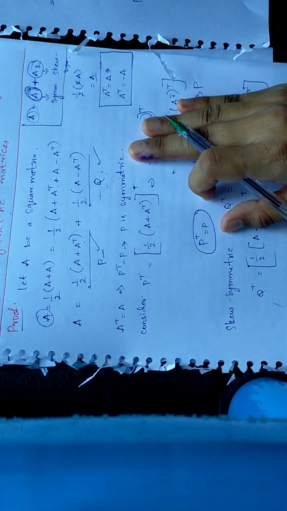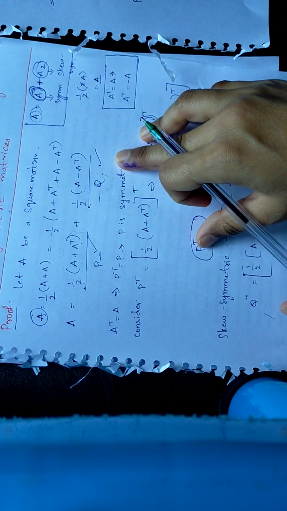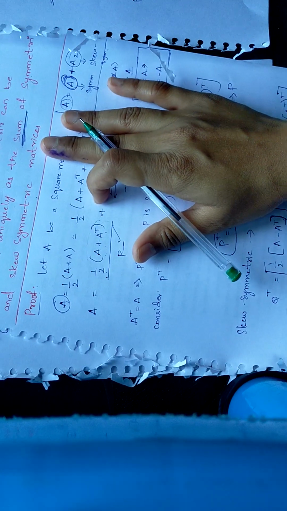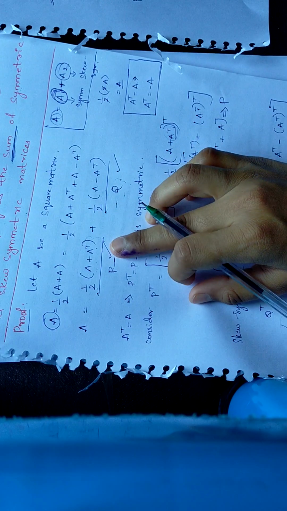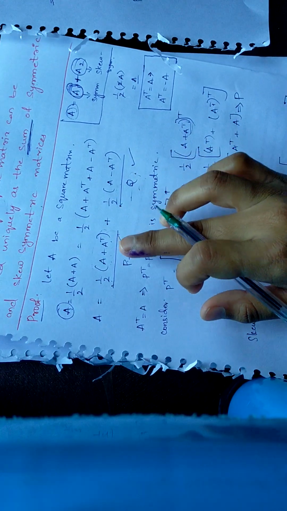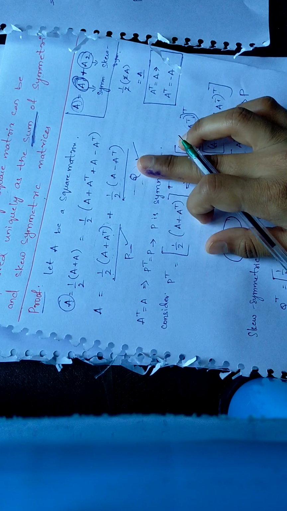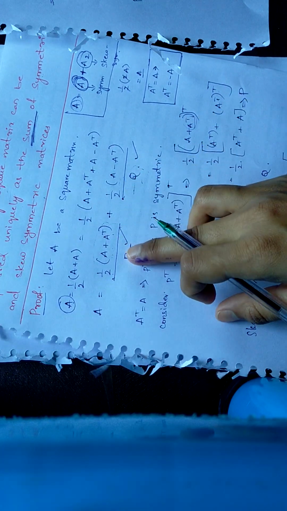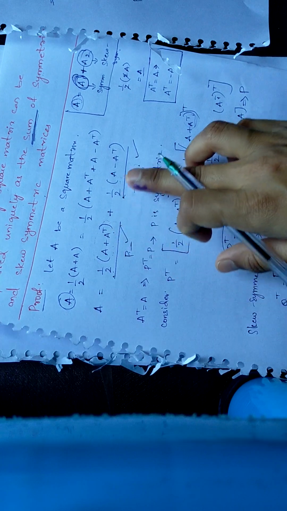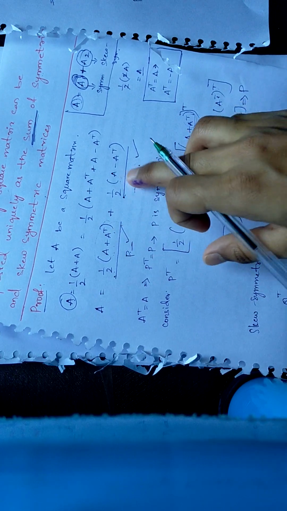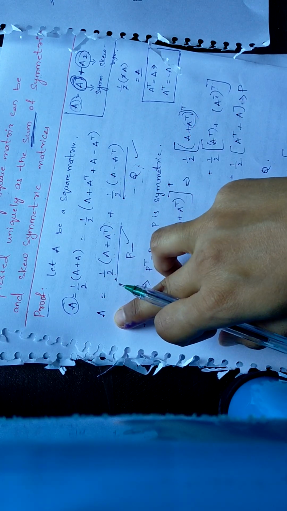If you observe here, we have one more statement. I told you, right? First statement is what? Every matrix can be expressed as the sum of two matrices, and those two matrices are symmetric and skew symmetric. Now we have symmetric and skew symmetric, right? So if we add this symmetric and skew symmetric which are obtained, you should get A. That means A is whatever the question they gave.